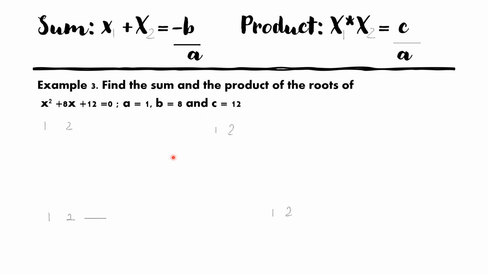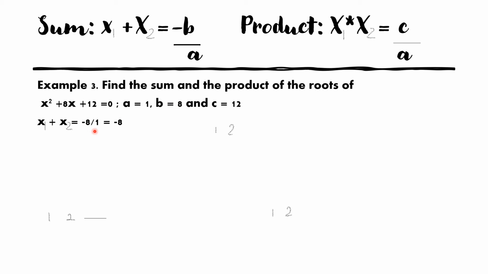Let's have x squared plus 8x plus 12. So yung A natin is 1, B is equal to 8, and C is equal to 12. So ayan, naka-standard form na siya because it is equal to 0. So ayan, madali lang kunin yung sum of the roots, that is negative 8 over 1 because B is 8.